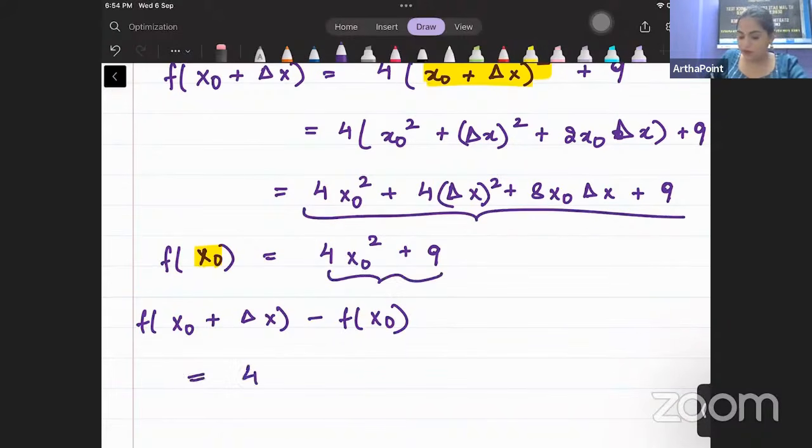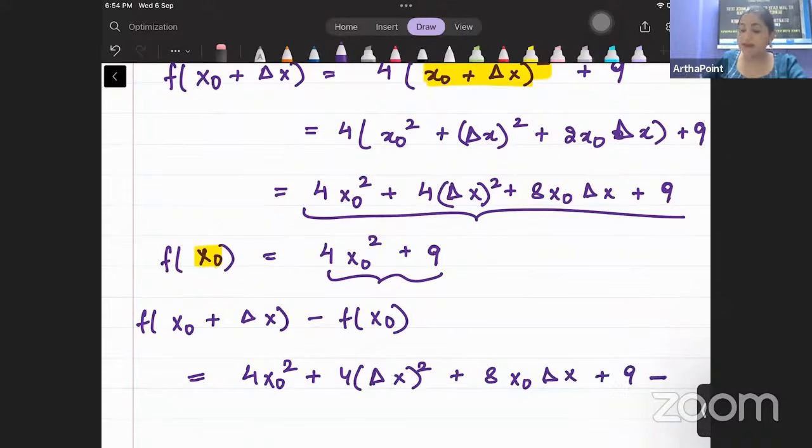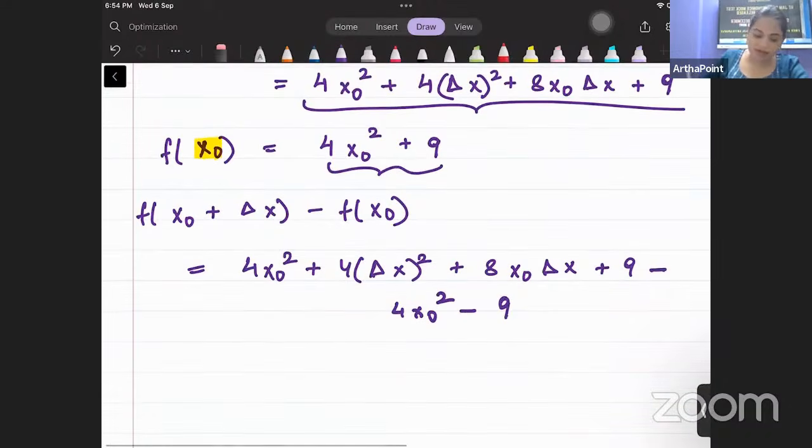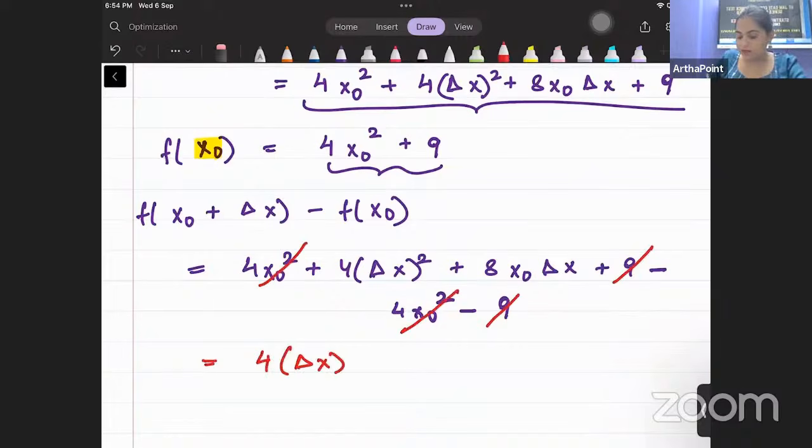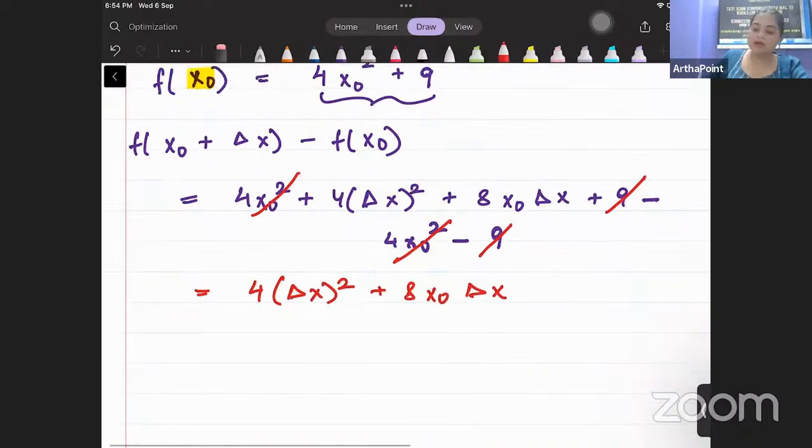What will you get? 4 x naught square plus 4 change in x whole square plus 8 x naught change in x plus 9 minus 4 x naught square minus 9. Beta, what cancels out? Ma'am, this cancels out, this also cancels out, so I am only left with this. Okay beta, this is done. This is f of this.